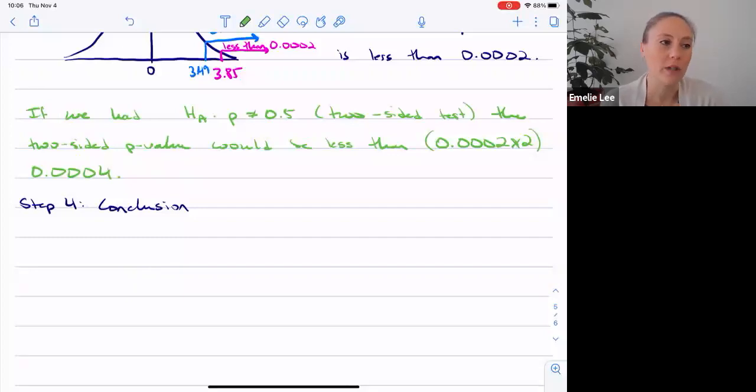Regardless, we're going to have a really small p-value.